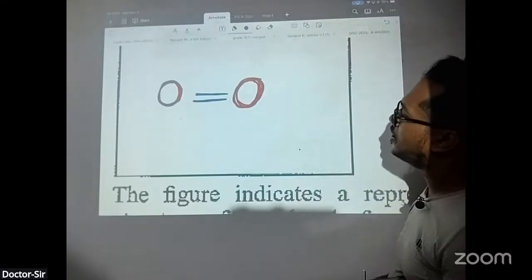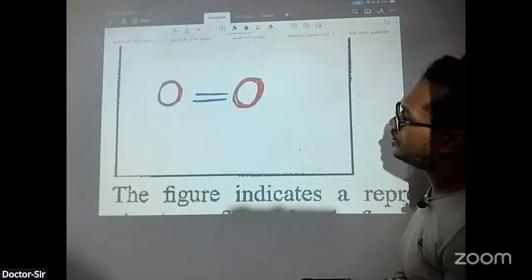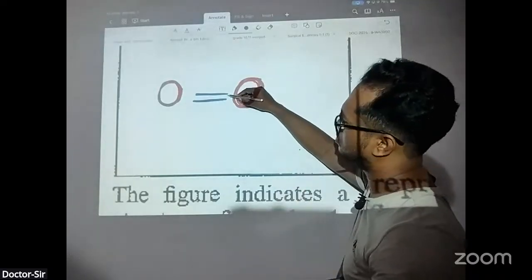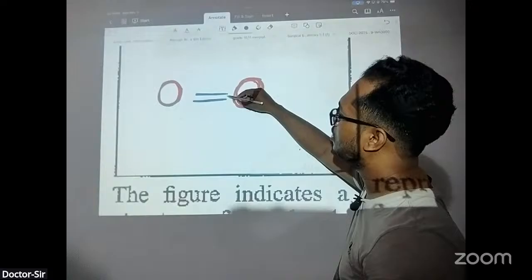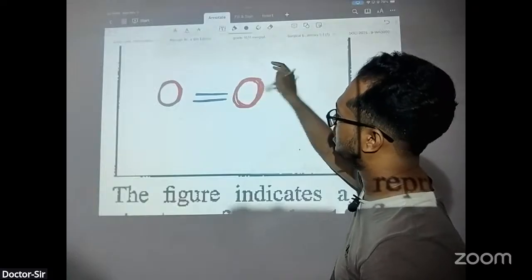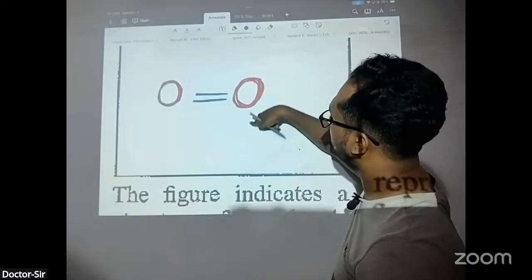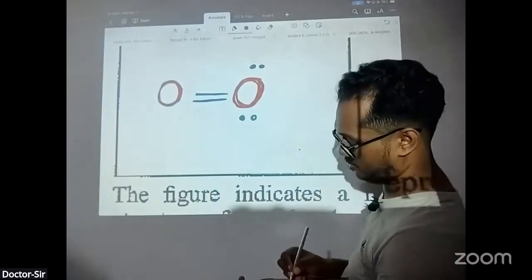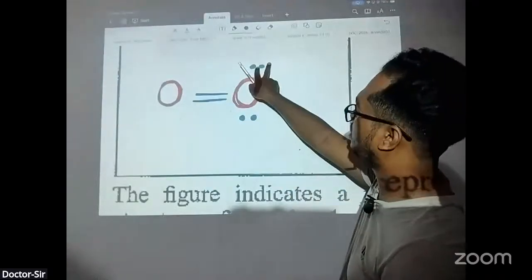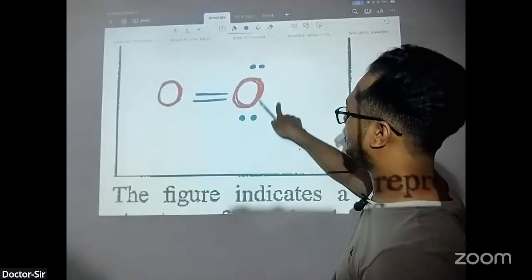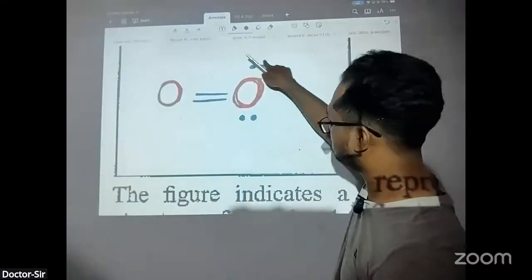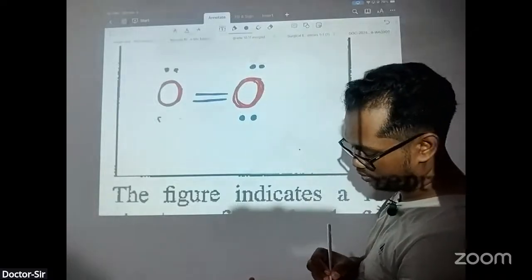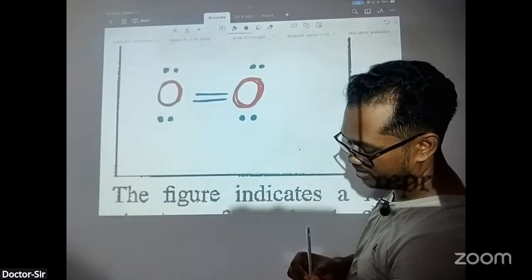So there should be 6 electrons around each oxygen. The double bond has 2 electrons that belong to this oxygen. So this oxygen should have another 2 pairs of electrons, so we will put another 2 pairs of dots. That completes the octet shell. Here also, right. So this is the Lewis structure.